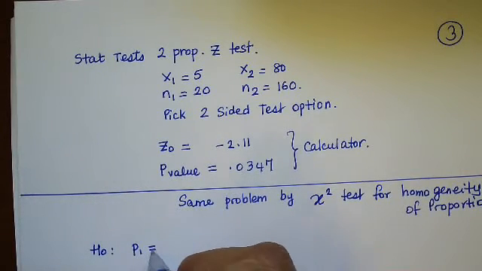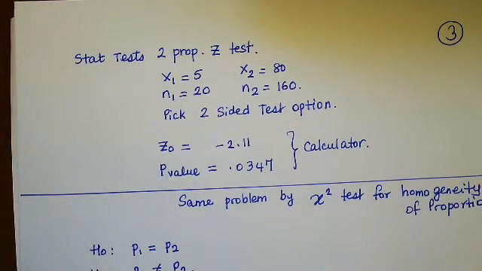So for that, H naught would be P1 equals P2 versus HA, P1 not equal to P2.